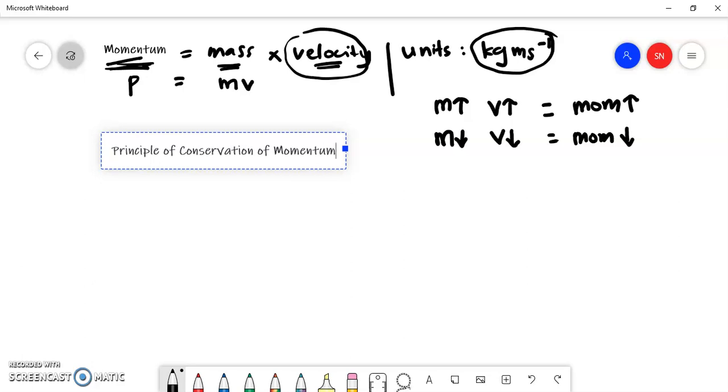Next, we're going to look at the principle of conservation of momentum. Now, the principle of conservation of momentum is a principle we have to remember. First, let me give you the definition.